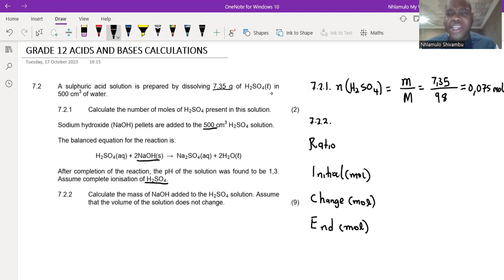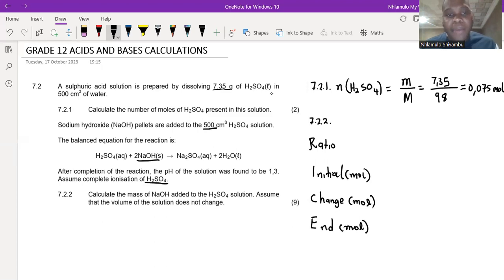If maybe you're dealing with concentrations, you will indicate that it is initial concentration in mol per dm³, a change in mol per dm³, just like that. Here, we're going to include the reactants in the RICE table, and the reason we include the reactants is because these are the two substances that have information. So we don't have to follow equilibrium rules there.